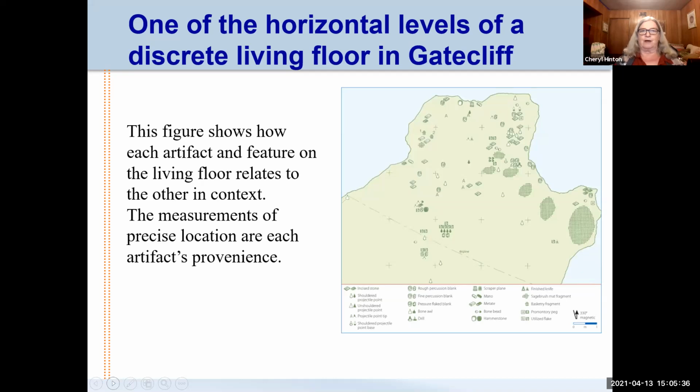All right, so discrete living floors in this excavation. This figure shows how each artifact and feature on the living floor relates to the other ones. And that's a really good example of context, right? We can see that some places we've got these big mats here, a mat fragment.